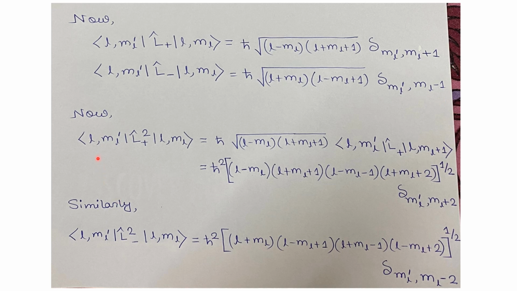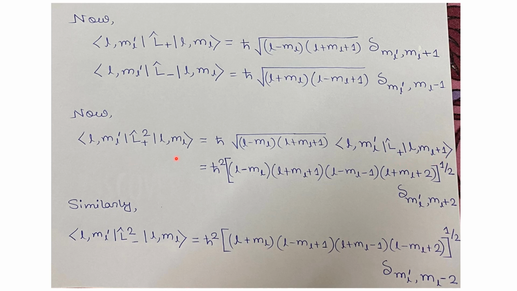Now for this matrix element, the L plus cap operator whole squared sandwiched between these two states ⟨L, ml dash| and |L, ml⟩, it will give h cut times root over (L minus ml) times (L plus ml plus 1). This comes when we act with the L plus operator on the |L, ml⟩ state. The remaining term will be the ⟨L, ml dash| state, and L plus cap is sandwiched between the two states ⟨L, ml dash| and |L, ml plus 1⟩.